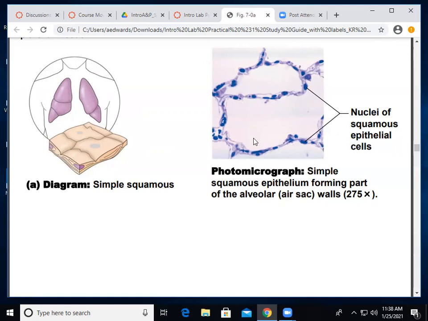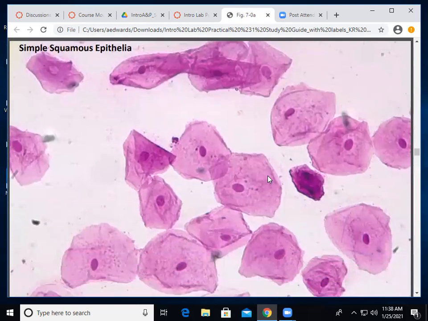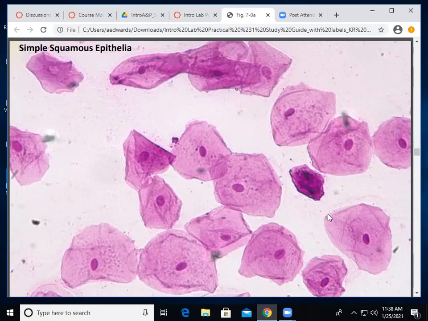So flat or irregular, one layer, is simple squamous. Here's another example. These ones you can really see the flattened, pancake-type shape to them. If they're irregular, no real pattern, these are simple squamous epithelial tissue.